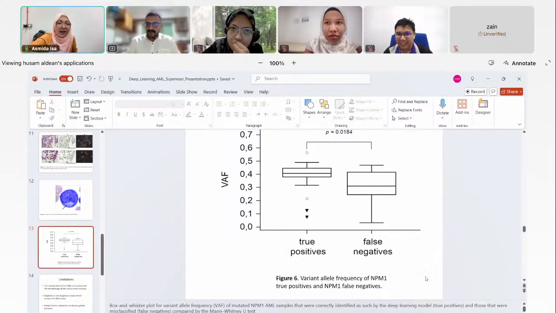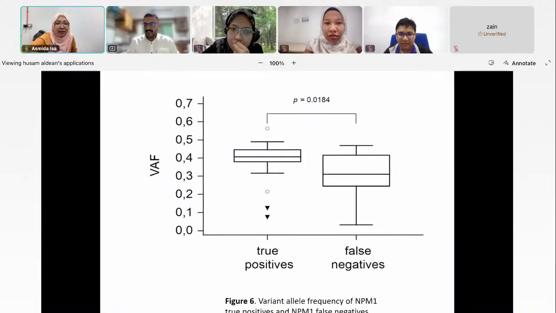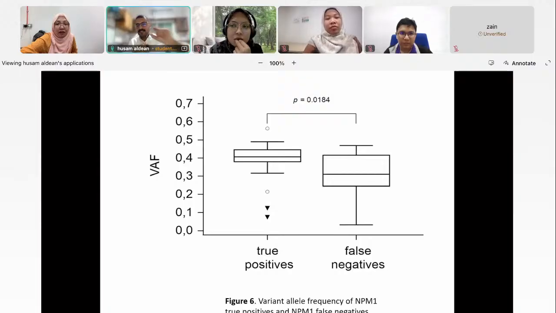Husam, I'm sorry, I have to ask you. Do you not understand the box and whisker plot at all, or you don't understand the interpretation of the graph here? No, I know the interpretation, but I want to know about the size of the box here, because if we see the true positive, which has a higher variant allele frequency, the size of the box is small.